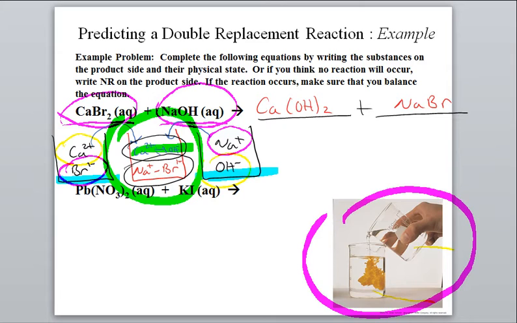Sodium's 1 plus, bromide's 1 negative. It's a 1-to-1 ratio. It doesn't matter that there's a 2 over here on calcium bromide. You don't carry that 2 to the formula of sodium bromide. It's a 1-to-1 ratio. You figure it out based upon the charges.